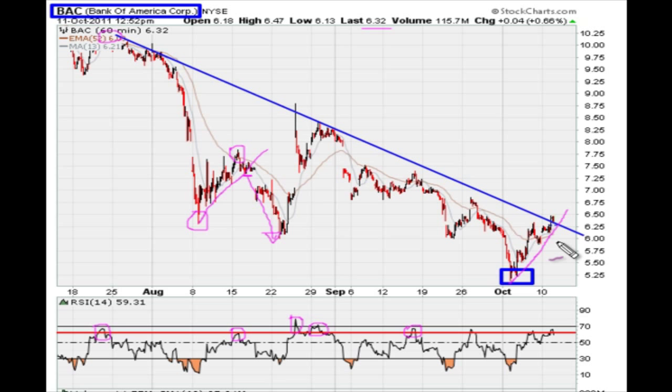And then we moved above the red line here, which corresponds with that break right there, which took the stock all the way to fresh 52-week lows initially here, and then another 52-week low there.